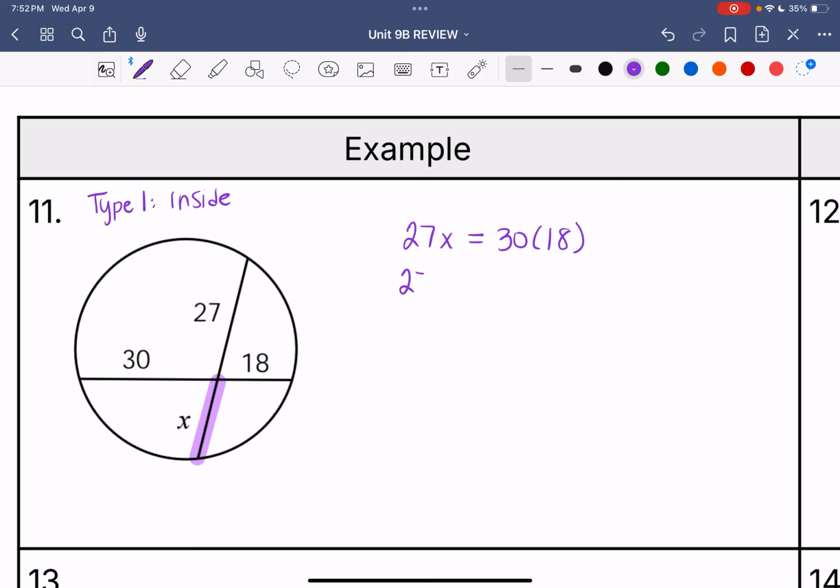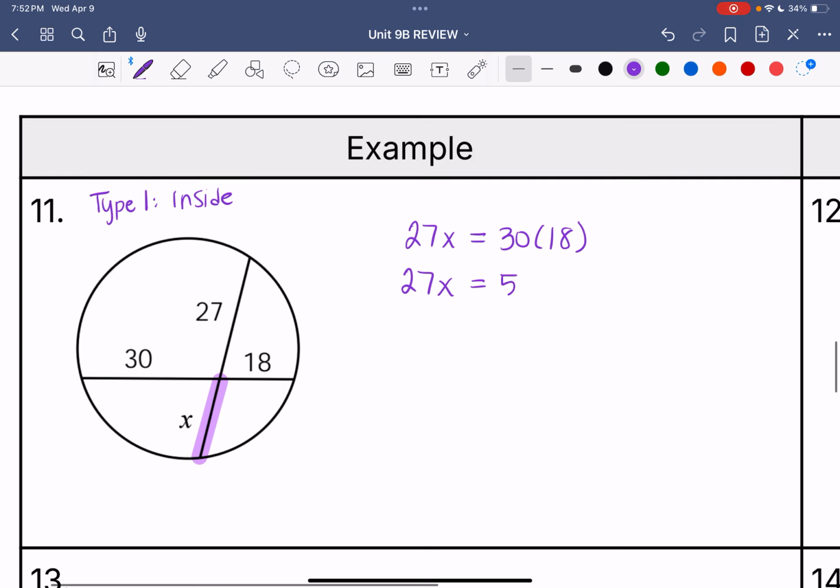Okay, so I still have 27x, but let me find 30 times 18 for us. That gives me 540. Okay, let's divide by 27. And now I just get that x is 20.